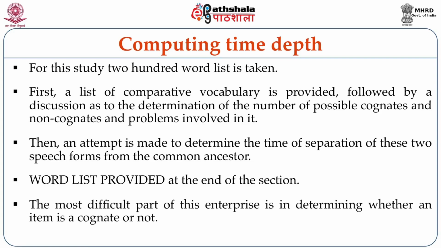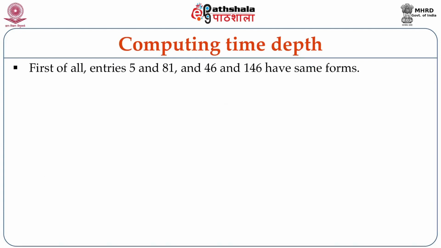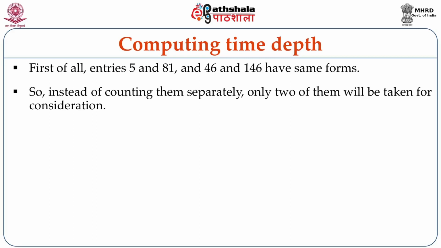The most difficult part of this enterprise is in determining whether an item is a cognate or not. First of all, entries 5 and 81, and 46 and 146, have some same forms. So instead of counting them separately, only 2 of them will be taken for consideration.